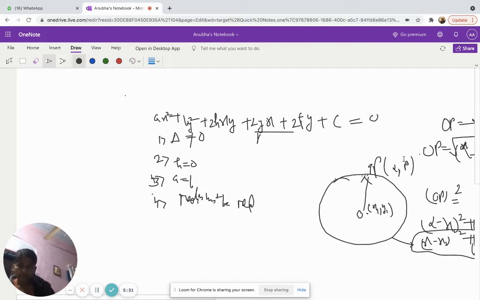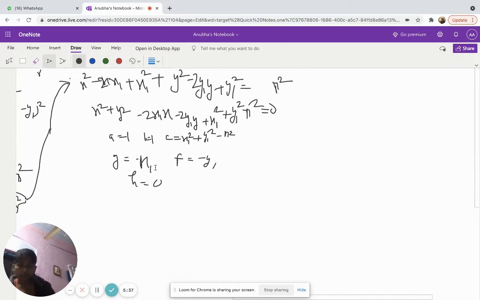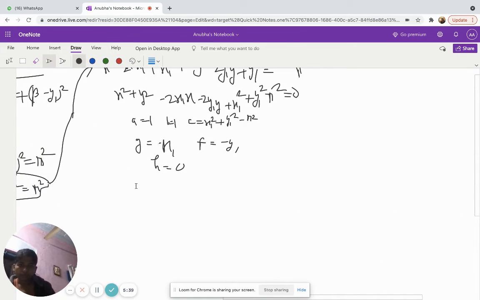As we see, A equal to B, so the third condition is satisfied, and H equal to 0, so the second condition is satisfied. Now the first and fourth conditions must also be satisfied.